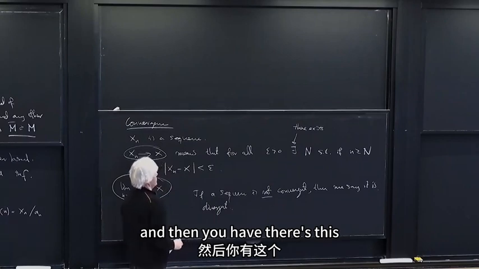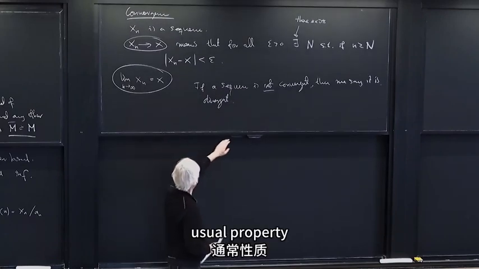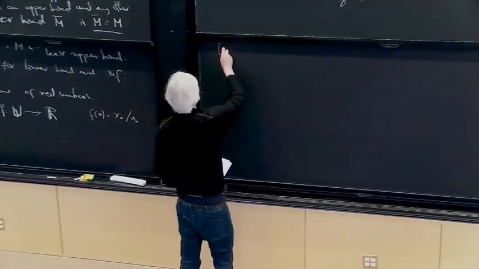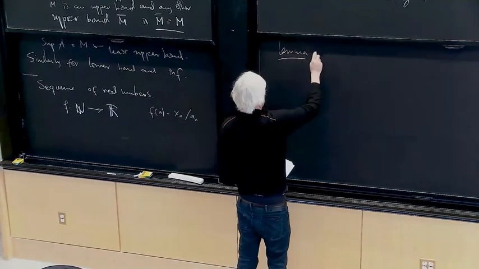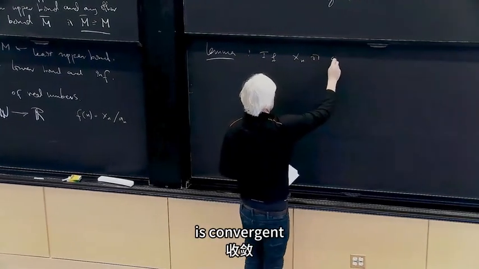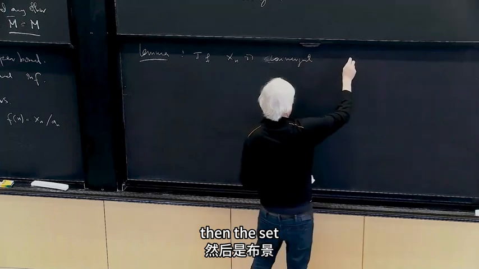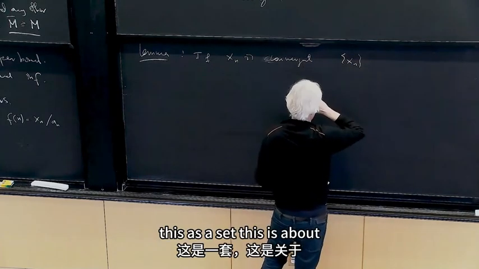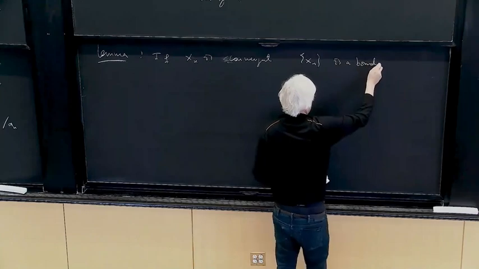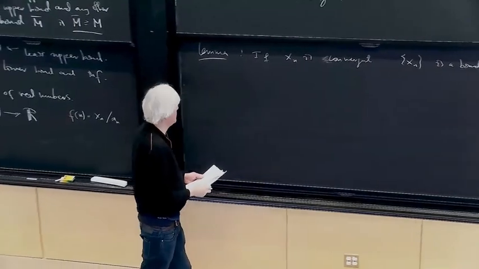And then there's this useful property, a lemma: if x_n is convergent, then the set of its values is a bounded set. Okay, so we talked about that.